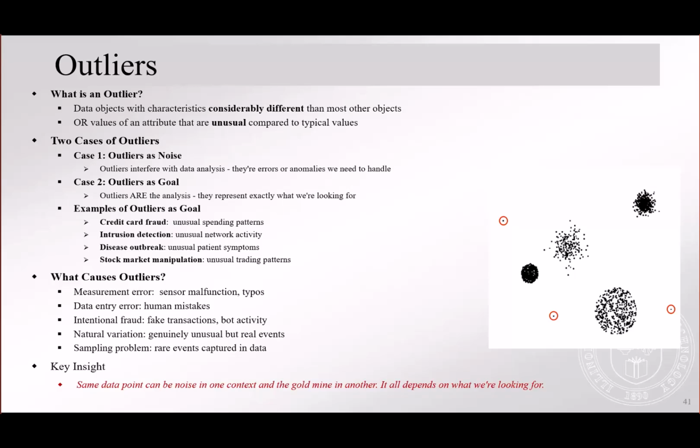And sometimes it's just natural variation, unusual but real events, a once-in-a-decade storm, a one-in-a-million customer, etc. Or it could be a sampling problem: you just happened to capture a rare event in your data.